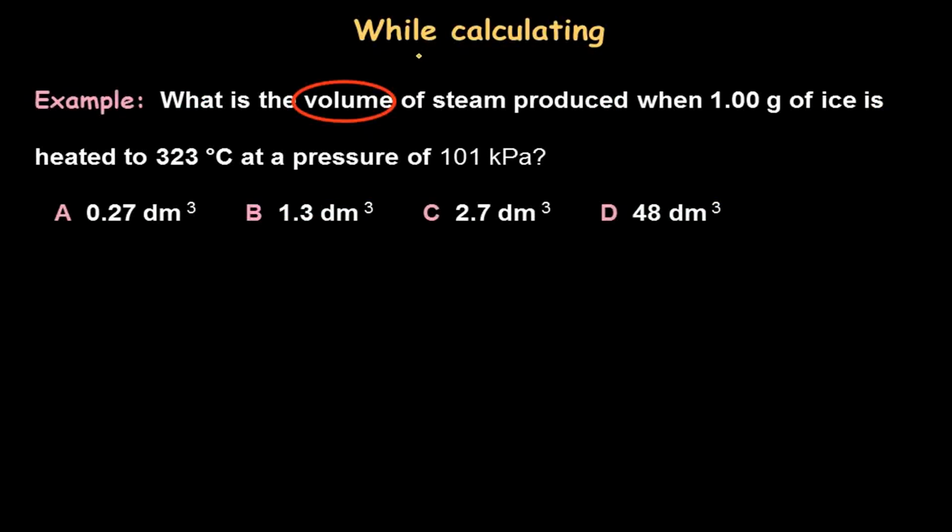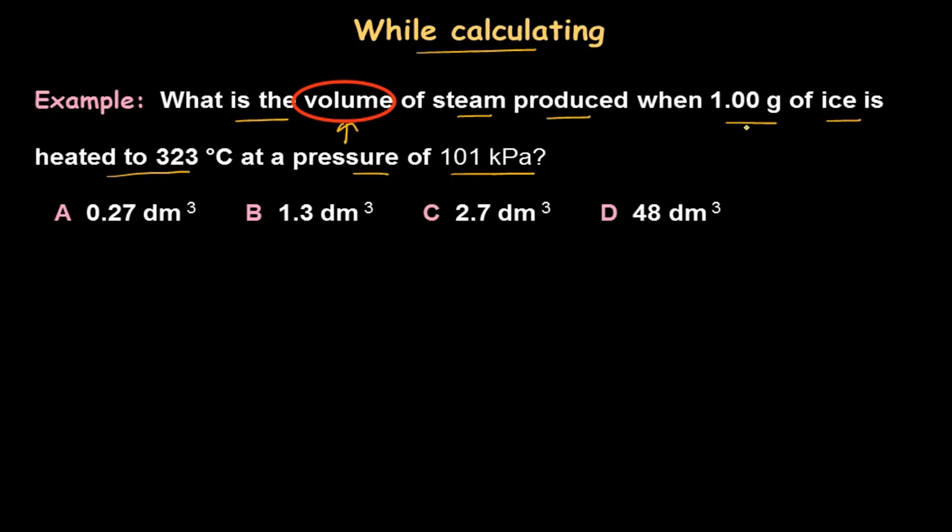Now here is one more example of what should be taken care of while calculating. The question says: what is the volume of steam produced when 1 gram of ice is heated to 323 degrees Celsius at a pressure of 101 kilopascals? Volume is what you are supposed to find out.